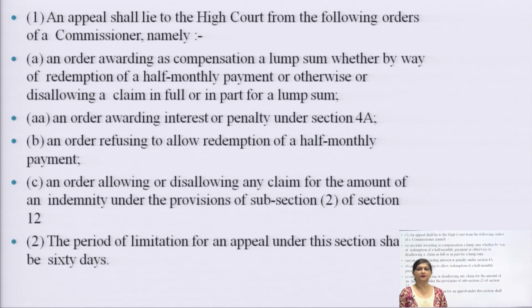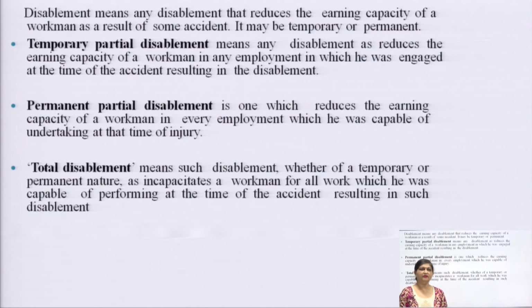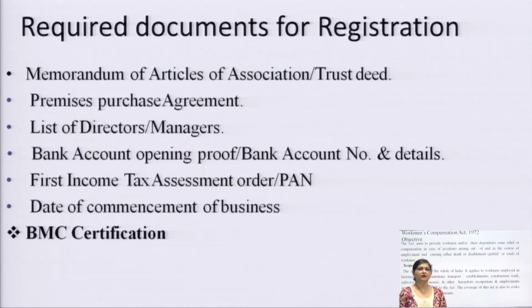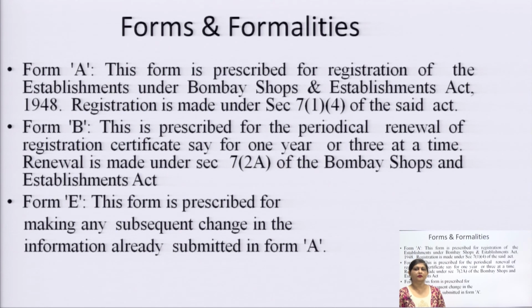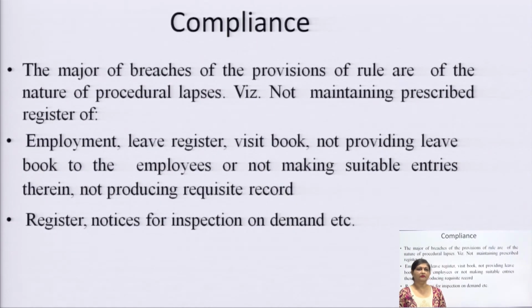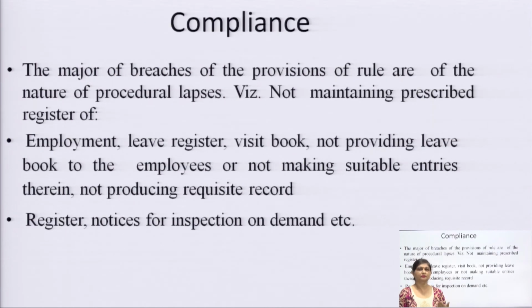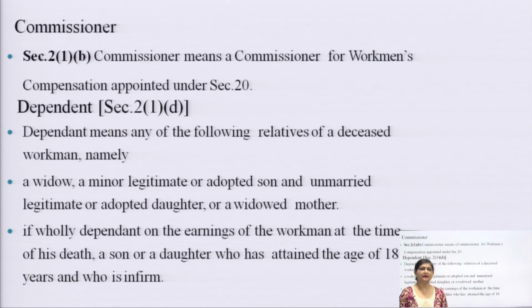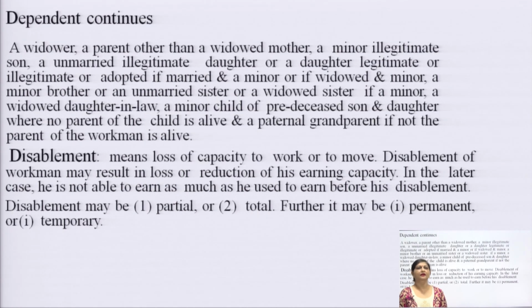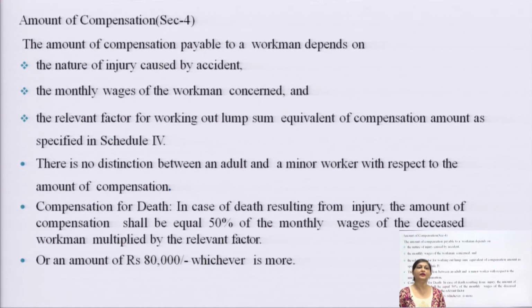So, that is all about the Compensation Act. Today we have discussed various provisions under the Shops and Establishments Act, as well as the Workmen's Compensation Act. We have studied dependents, disablement, employer's liability, and the cases where the employer is not liable for compensation.